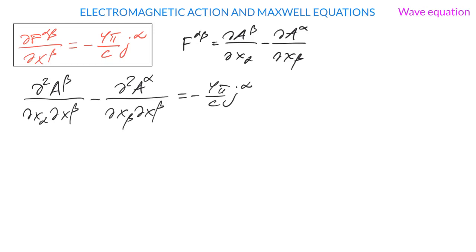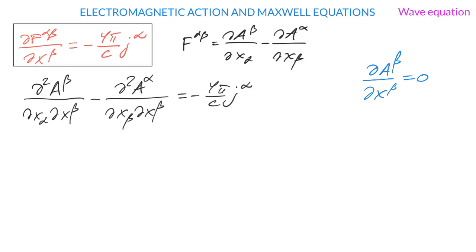To simplify this equation, let's pick a convenient gauge. As you remember, the electromagnetic potentials are defined up to a gauge transformation, so we can impose a gauge condition to make the equations simpler. So let's take a gauge that requires the following, that dA beta/dx beta is 0.